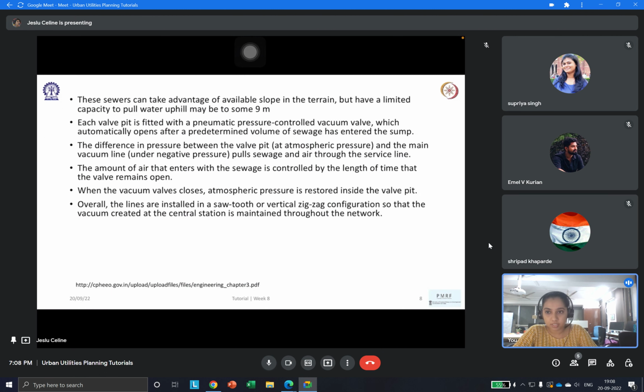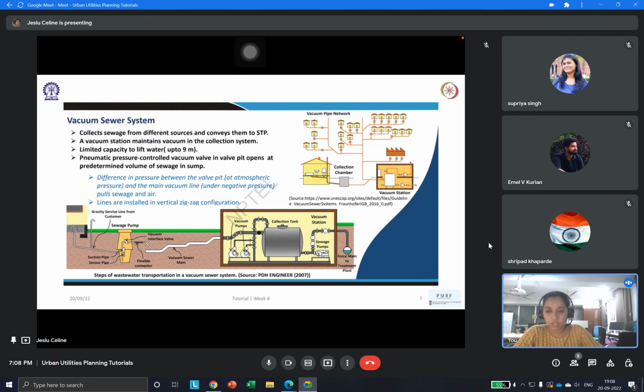We learned that in the vacuum system, it is arranged in a zigzag manner. But any observation or reasoning why this is done?